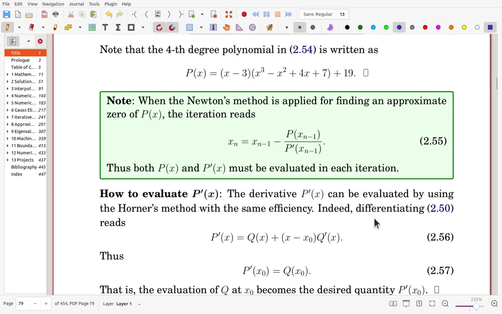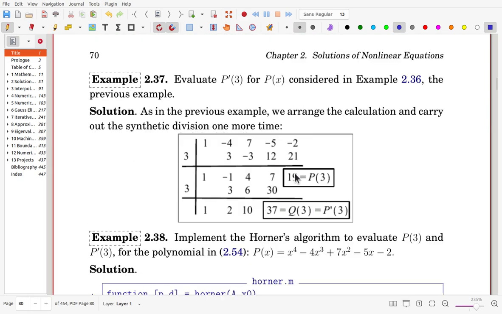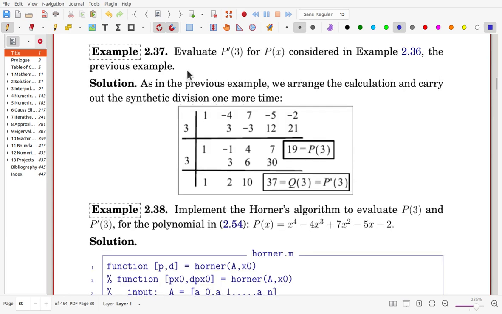Now, as a byproduct of synthetic division, we already have Q, and we have to get Q at x0. Here x0 is 3, so we may apply synthetic division one more time, and evaluate p'(3) for the p(x) considered in the previous example.